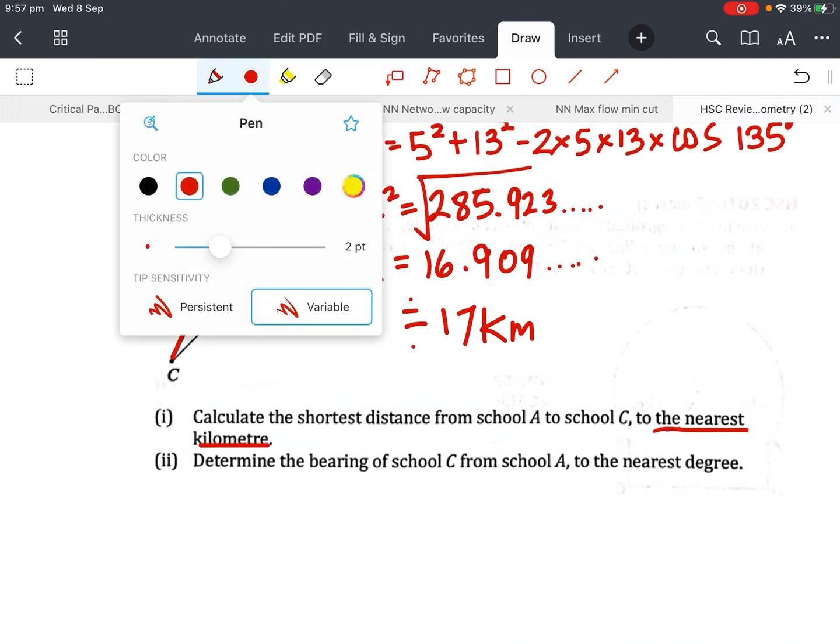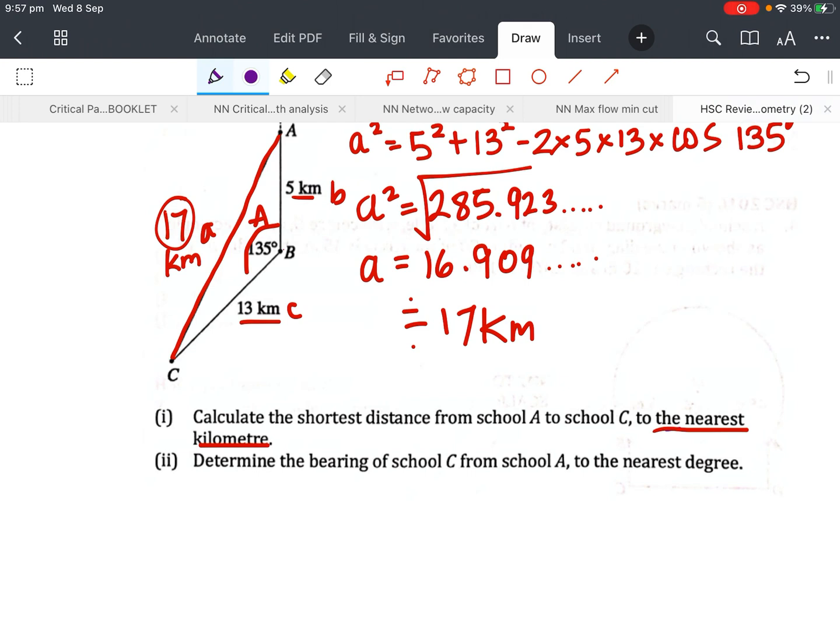Now I'm going to do a different colour pen just so we can see. So this one says determine the bearing of school C from school A. Now operative word in bearings is the word from. What comes after from? Hopefully you said school A comes after from.